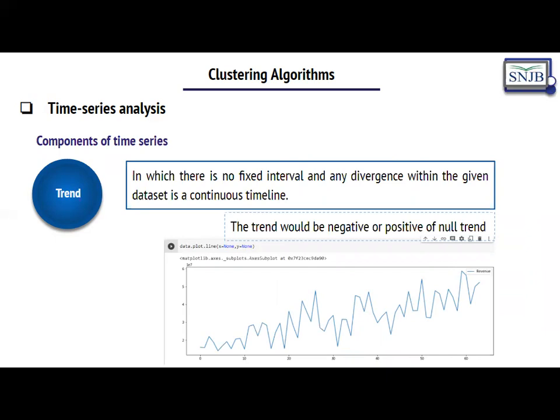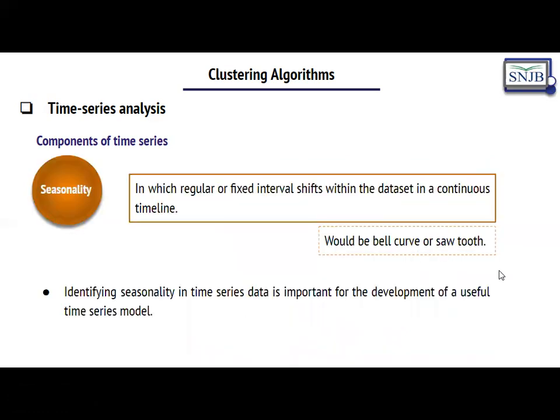Trend is the demonstration of whether your time series data is moving higher with time or lower with time. So your data is changing either very fast or slowly over time within a continuous timeline. This is your negative or positive fall of the data. This is nothing but the trend of the data.